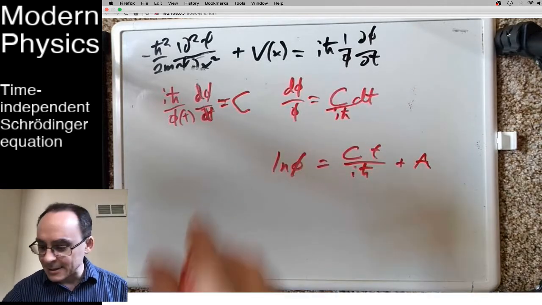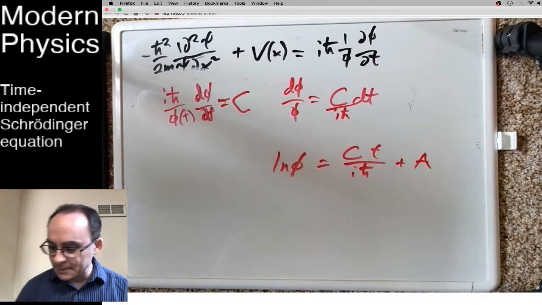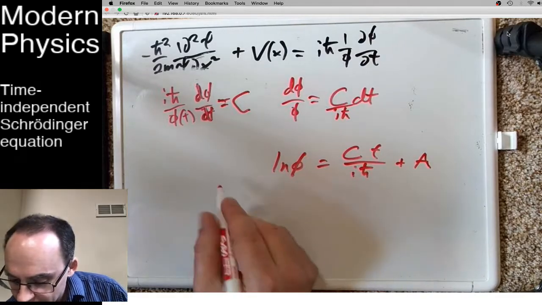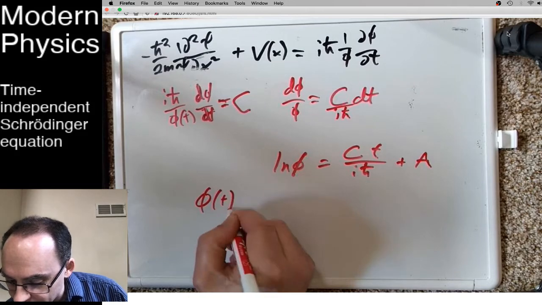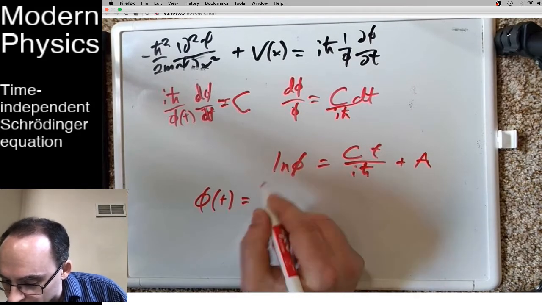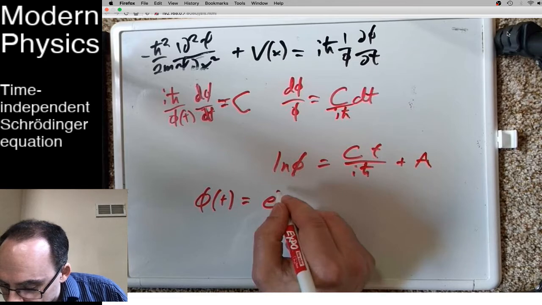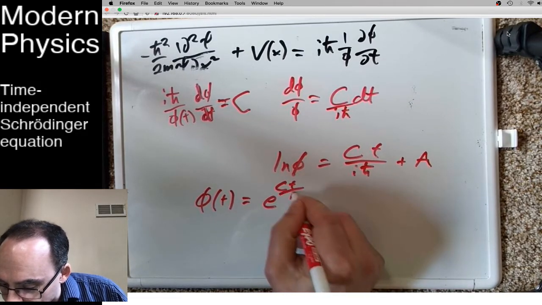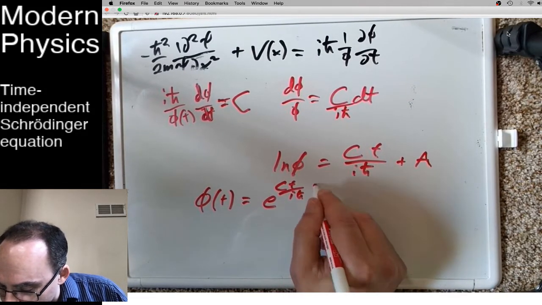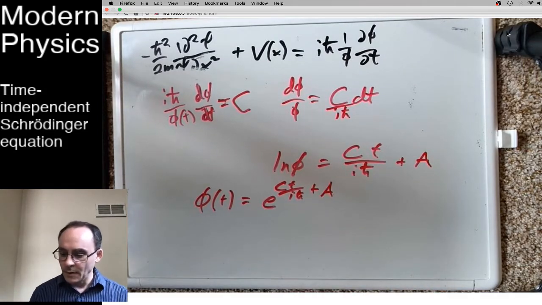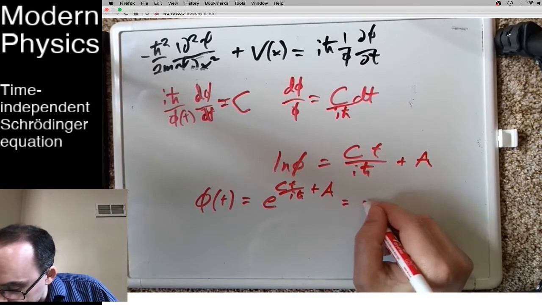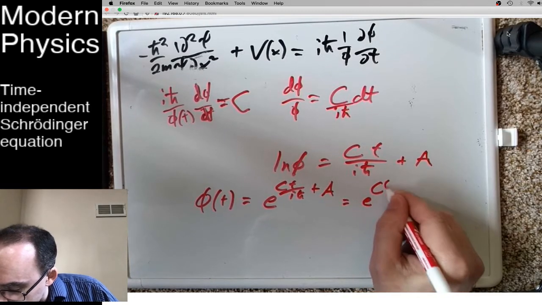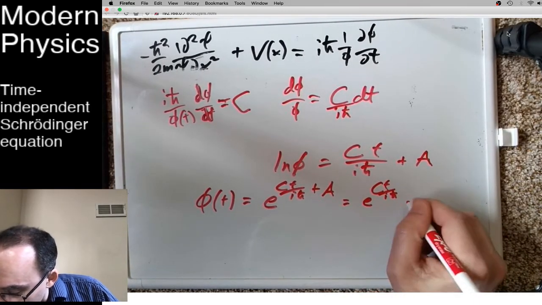If we then take e to the power of both sides of the equation, we can find that e to the log phi is just phi. So phi of t, I'm going to write that back in, is equal to e to the constant times t over IH bar plus a. And so really, I can write this as e to the ct over IH bar times e to the a.